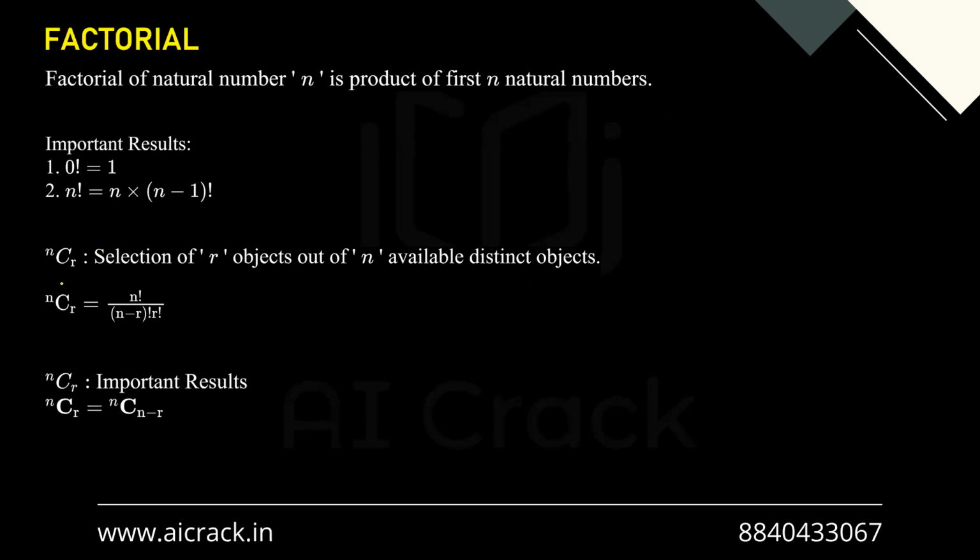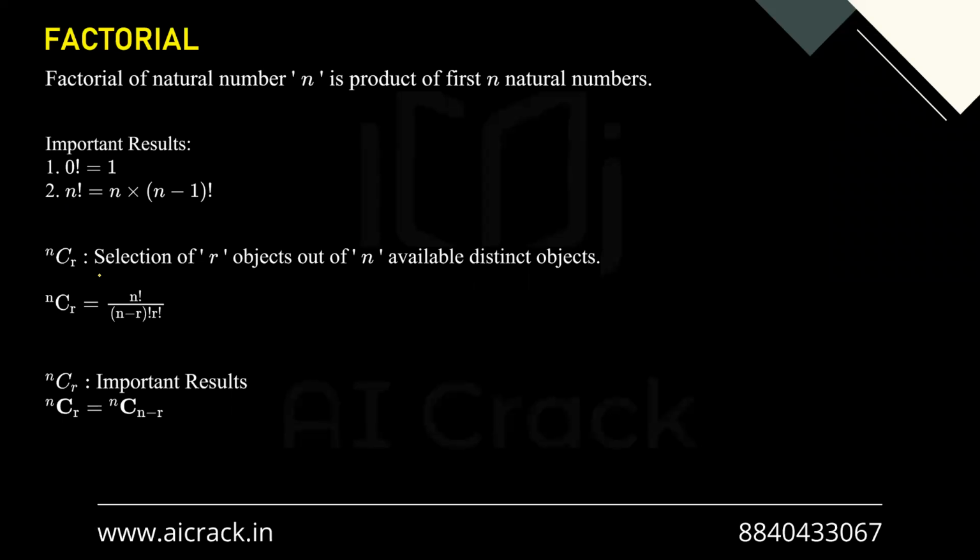So before defining NCR mathematically, let's try to understand the idea behind NCR. Basically, it means selection of r objects out of n available distinct objects. Here, distinct is the keyword. You don't have to miss this keyword in any of the questions which we are going to solve in binomial and specifically in PNC, right?